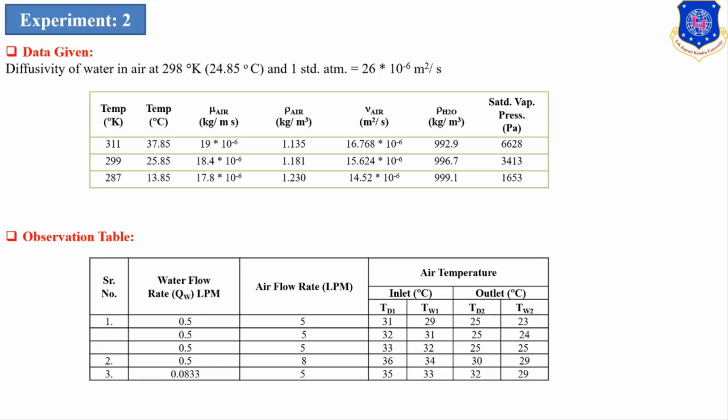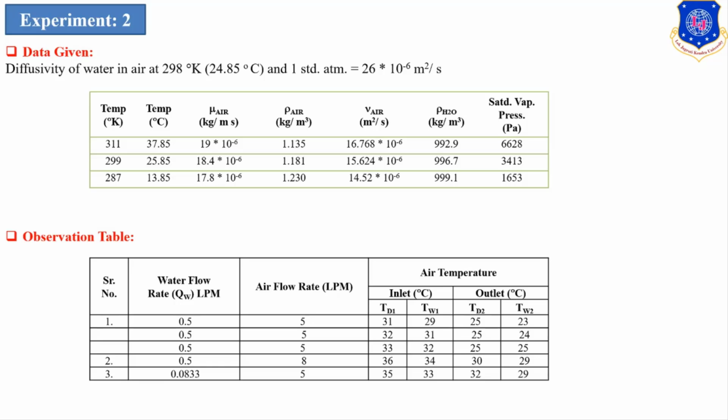Again after 5 minutes there wasn't much difference seen, but after totally 15 minutes there was a change in temperature. The inlet temperature increased up to 33 degrees Celsius, and the wet bulb temperature was 32 at inlet, but the dry bulb temperature at outlet was constant, that is 25.